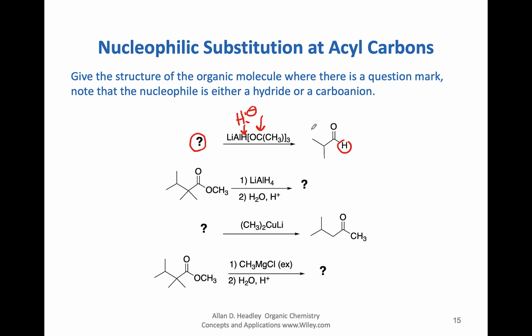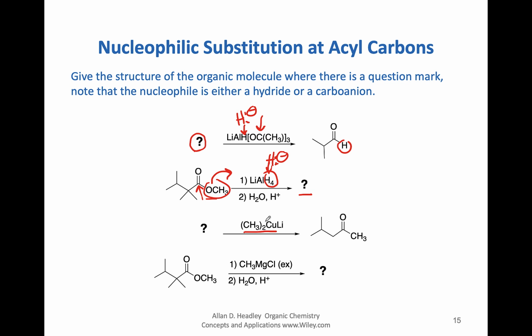Here is aluminum hydride, strong reducing agent, 4 moles of H minus. Here's an ester. So you can imagine this will be a primary alcohol where we have 2 moles of H minus being delivered to this carbonyl, and this leaves.